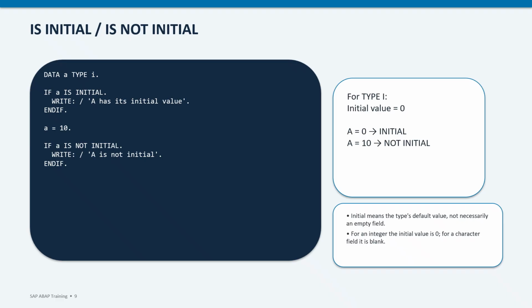Later, after this IF condition completes, a is initialized to 10. Then if a is not initial, the output 'a is not initial' will come. This is the way IS INITIAL and IS NOT INITIAL work.